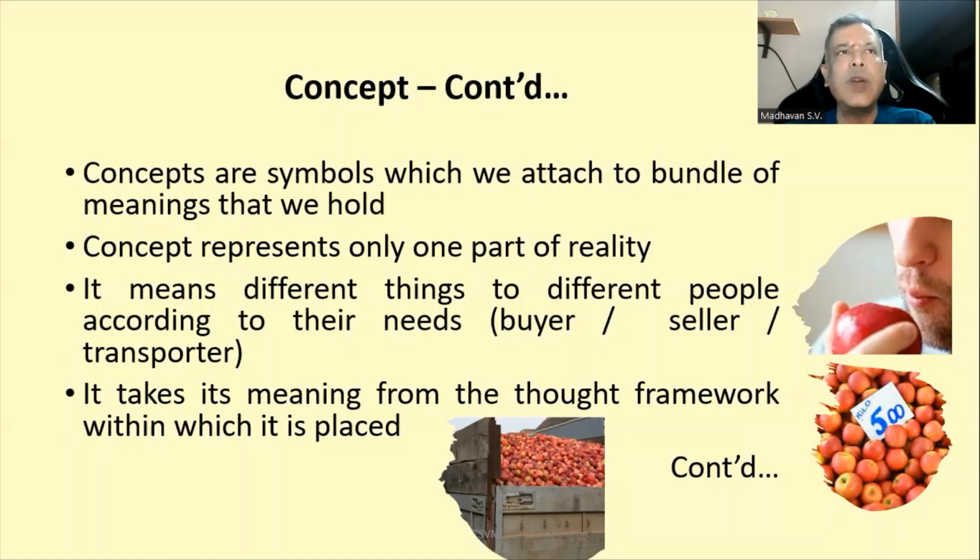The buyer will be bothered about the quality and price of that apple. The seller will consider it a commodity from which he gets his earnings. Similarly for the transporter, it is one of the commodities, and by transporting it, he gets his earnings. So that means a concept takes its meaning from the thought framework within which it is placed.